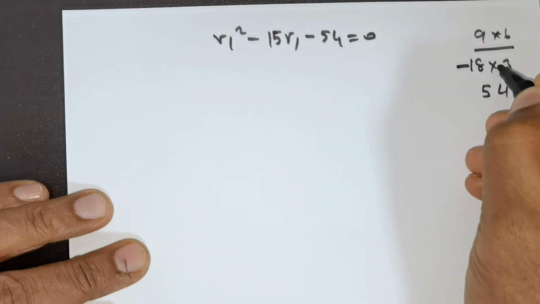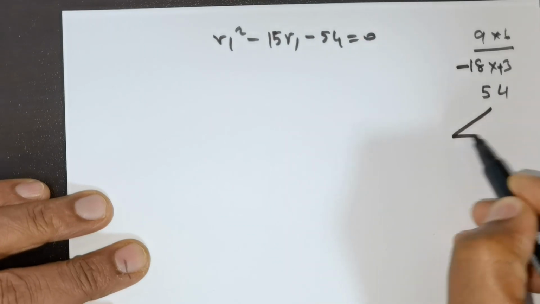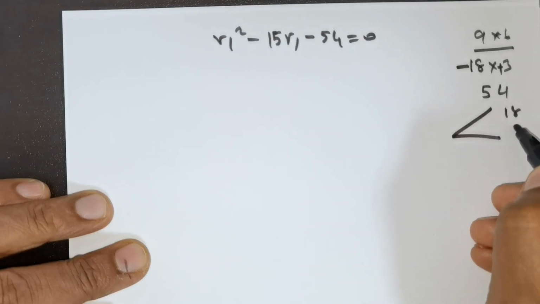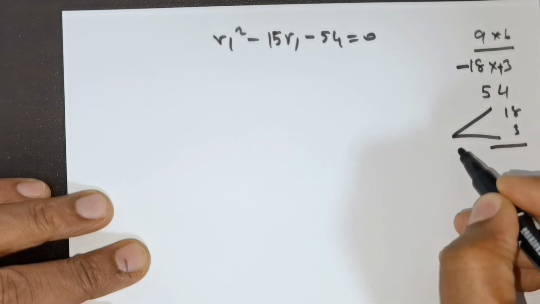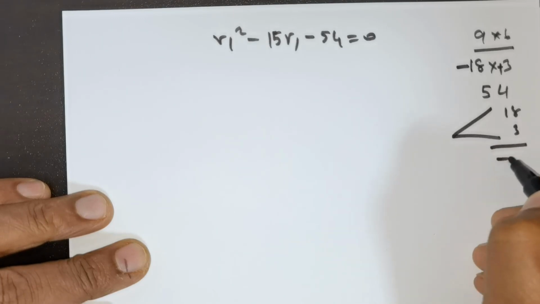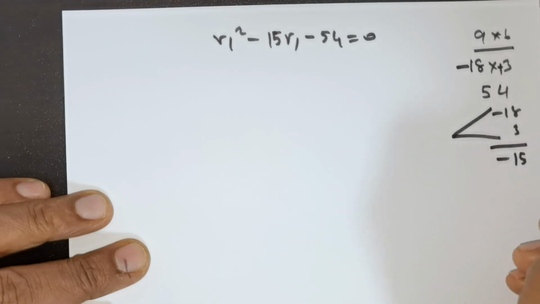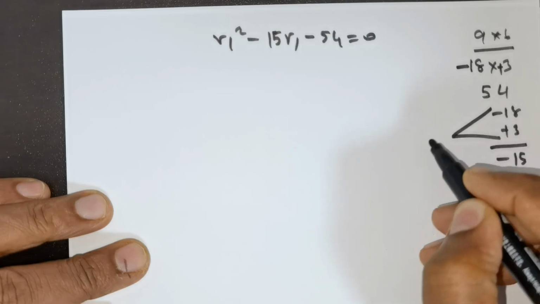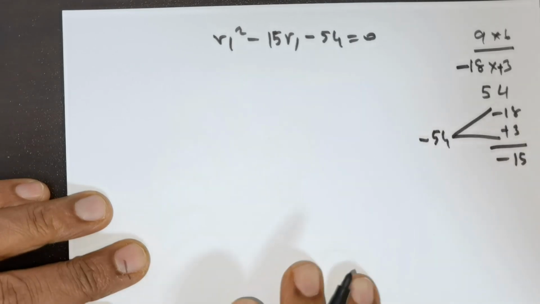So this is going to be negative, this is going to be positive. So 18 times 3, and if we add them we get negative 15. So this is going to be negative, positive, we multiply, we get negative 54. So that is beautiful.